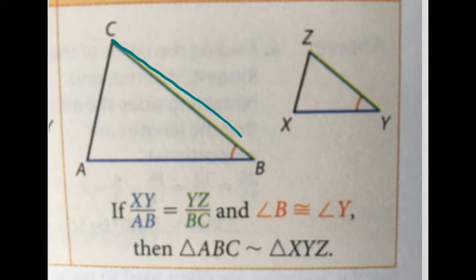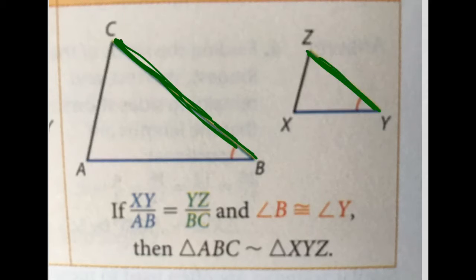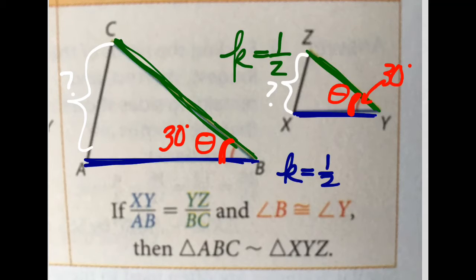If I take CB and divide it by ZY, I should have some scale factor, if I only have two sides that are given to have the same scale factor.